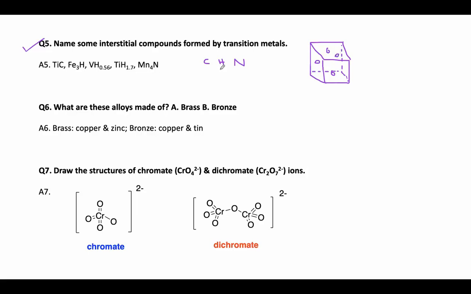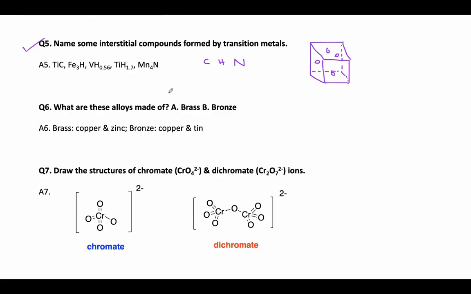Any large atom cannot be penetrated or trapped inside the cavity of the lattice of the transition metal. But here you can see the atoms involved are hydrogen, nitrogen, carbon. So these are the atoms which are trapped in the crystal lattice of the metals.